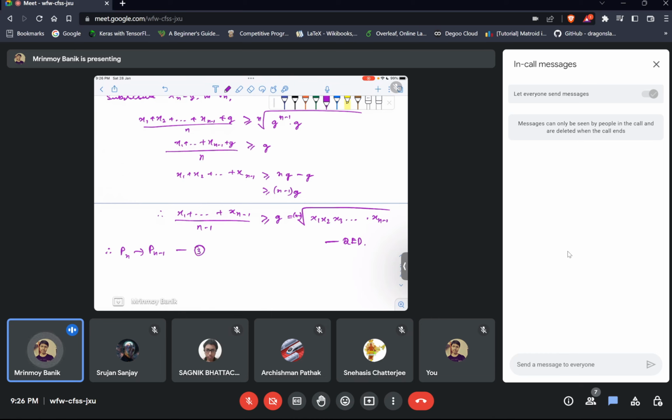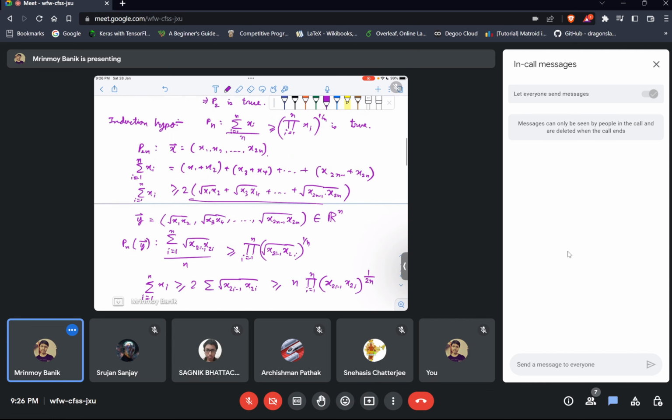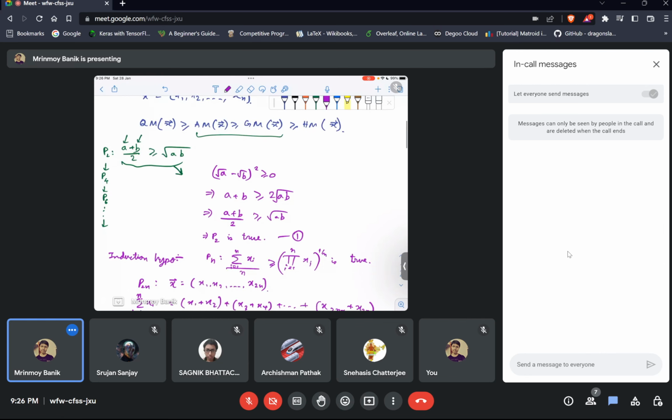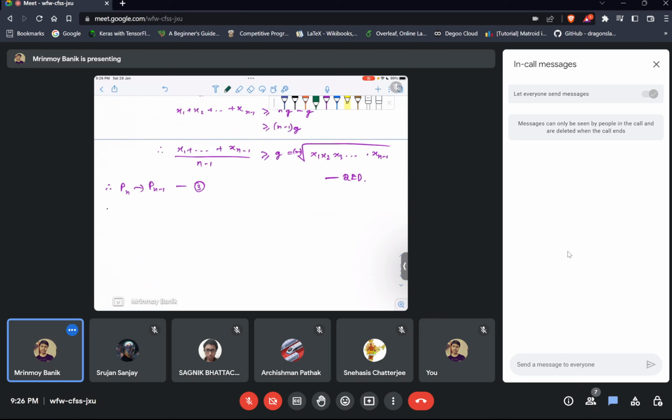So this is observation 3. This was observation 2. And this was observation 1. So using these three observations, by the principle of mathematical induction, Pn is true for all n.